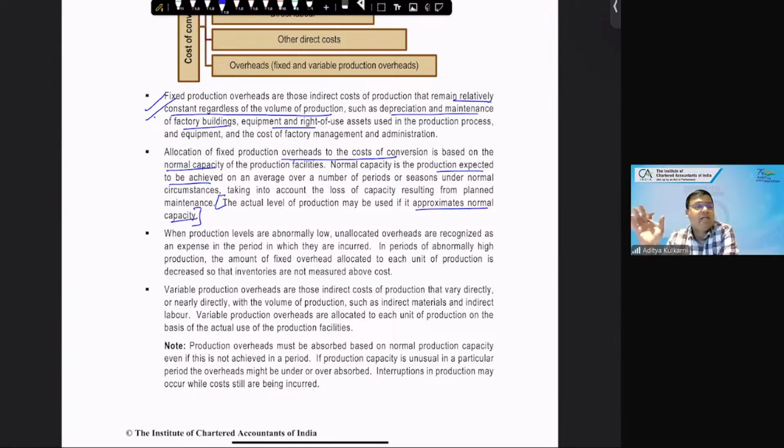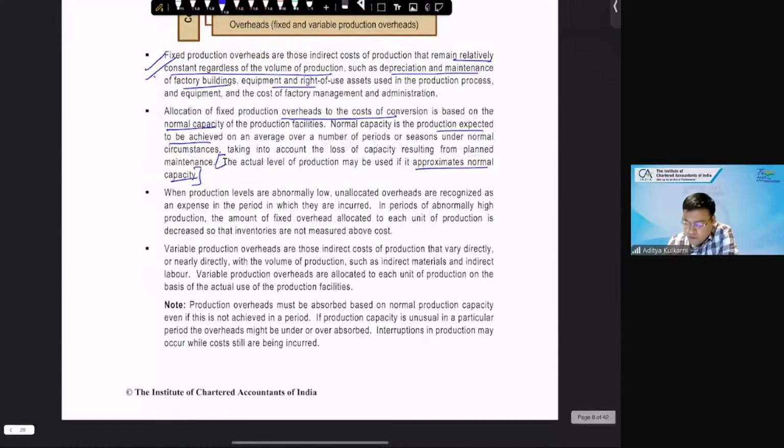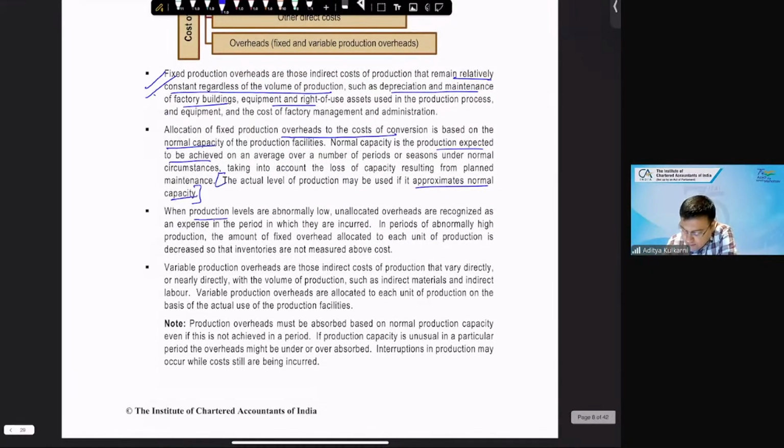But if you have multiple products, output method is not a good representative of your absorption. When production levels are abnormally low, what will happen? Under absorption will be high.